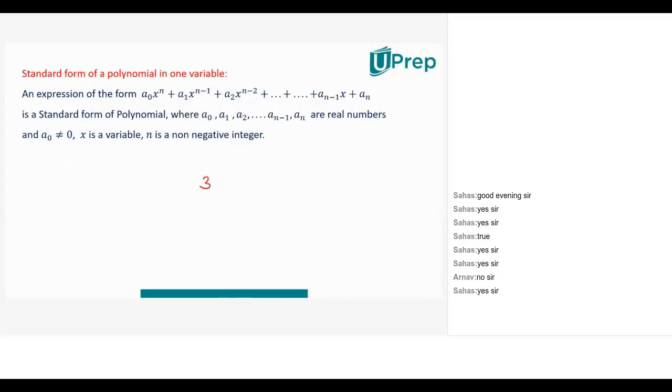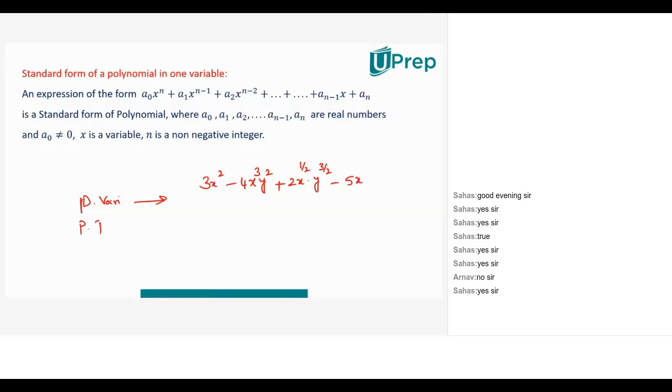3x square minus 4x cube y square plus 2x to the power of half y to the power of 3 by 2 minus 5x, something like this. And again I put up the same question: power of variable and power of term.